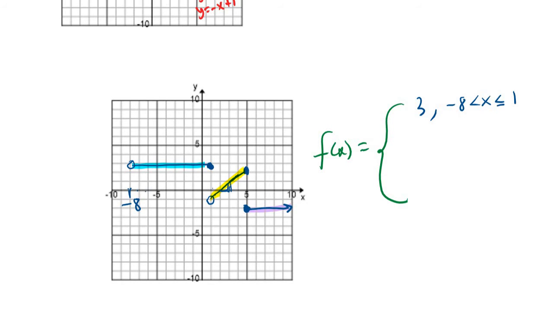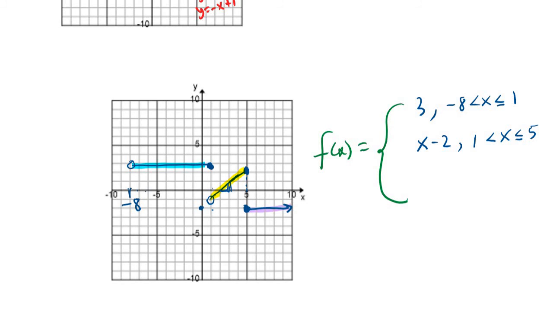And then if you trace it, it will be at negative 2 down here for y, mx plus b. So it's going to be x minus 2. And the domain is from 1 less than x less than or equal to 5, because it ends at 5 right there.